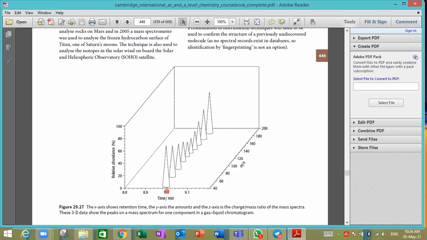So its retention time was 9, but in the mass spectrometer, it's going to be fragmented to the mass over charge ratio of the different peaks, together with the percentage relative abundance. By analyzing these peaks, we are now certain that our compound that came out at the retention time, for example 9, has this molecular formula.